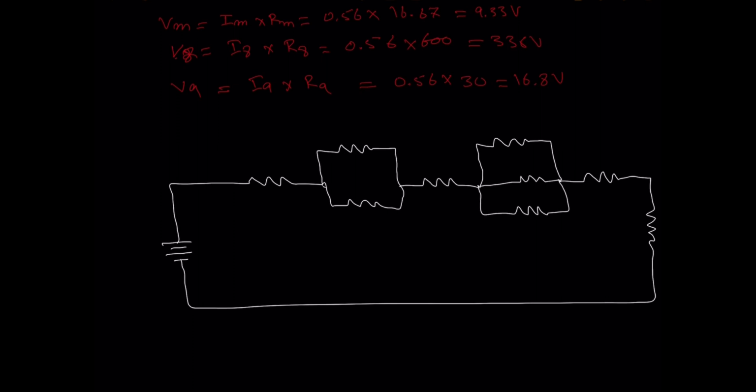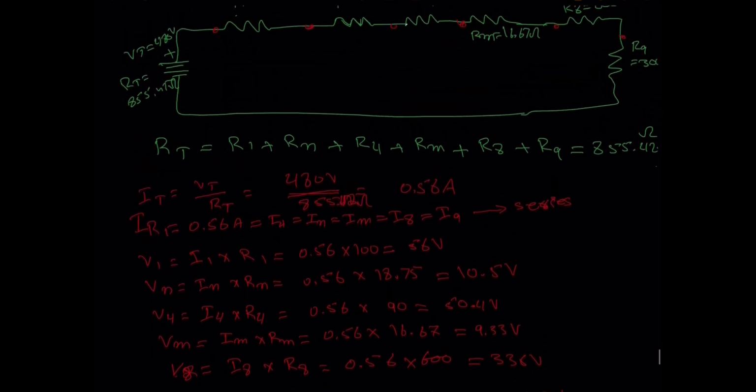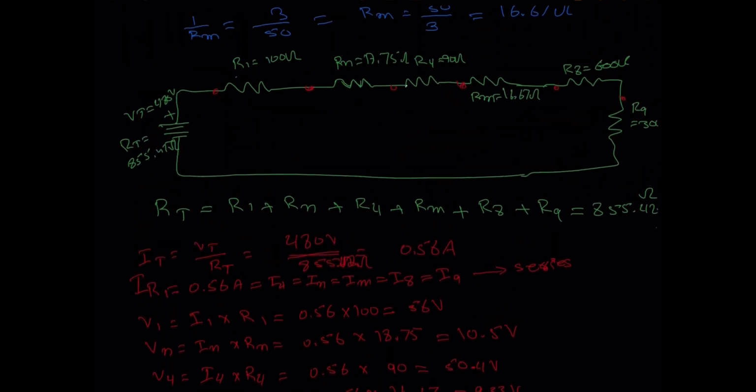Okay, so we found the circuit here. We redrew the circuit. We found the values of the voltages V1, Vn, V4, Vm, V8, V9, and we also found the current in the circuit before. Here was a series circuit. The total current was 0.56 amp, so it'll be the same at this point, here, here, here, here, and here.